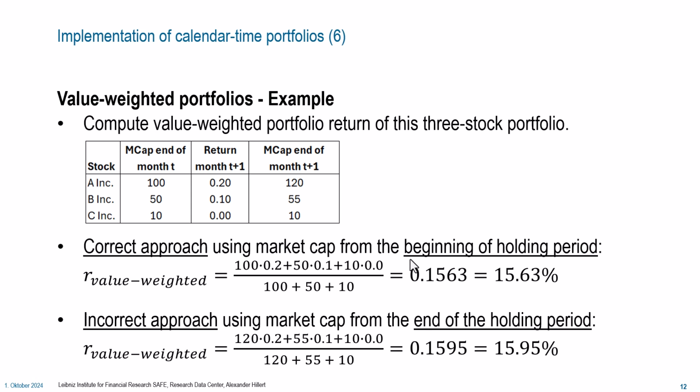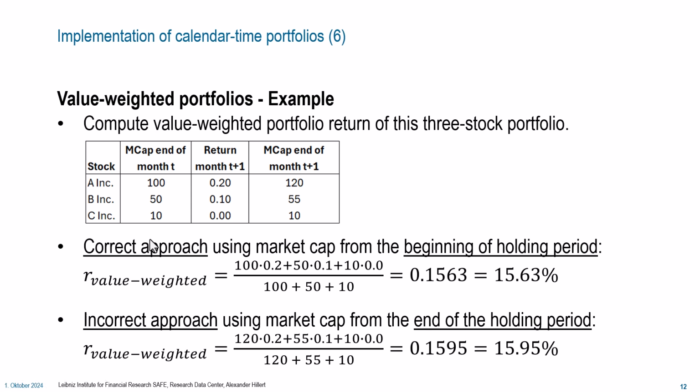What would we do in reality? We would buy our positions at the end of month T or the very first trading day of month T plus 1. And let's say the market cap is 100 for stock A, 50 for stock B, and 10 for stock C at the end of the formation period.